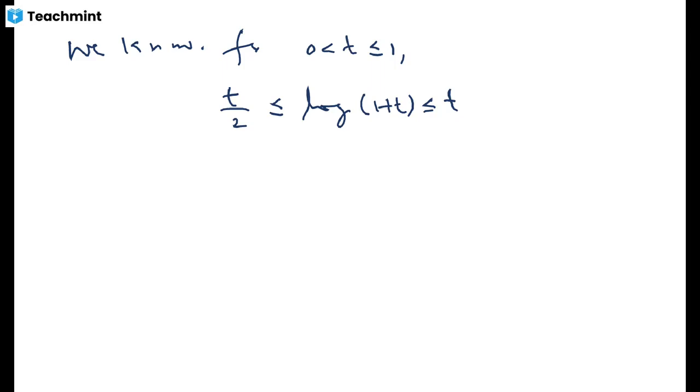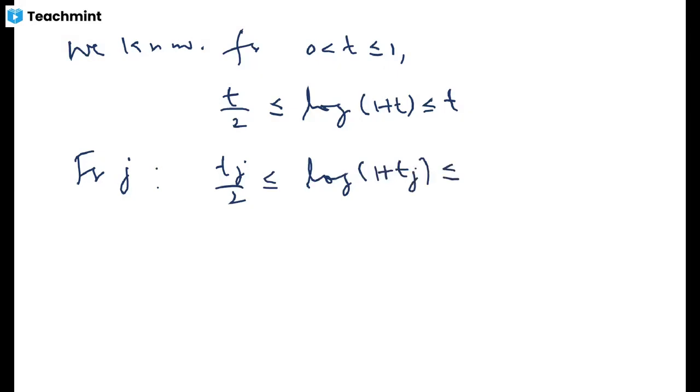Now you see, instead of t, if we take tj, the terms of the infinite series and the infinite product. So for each j, you can write tj upon 2 is less than or equal to log of 1 plus tj is less than or equal to tj.